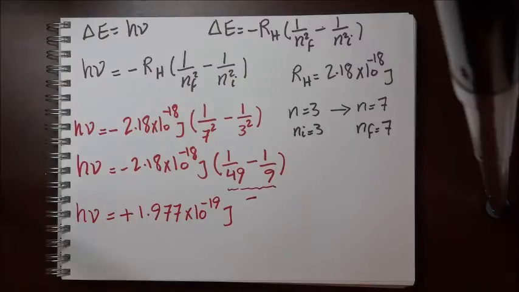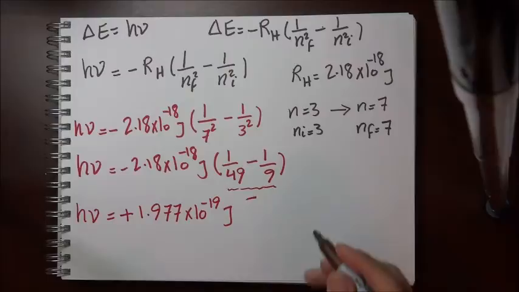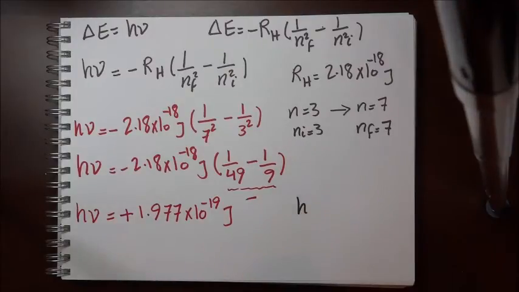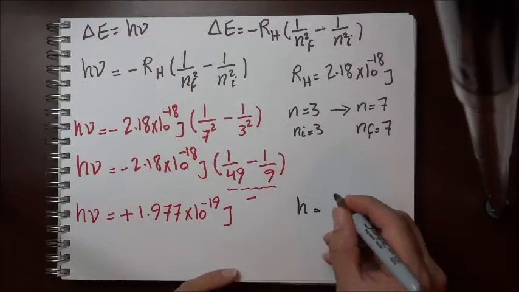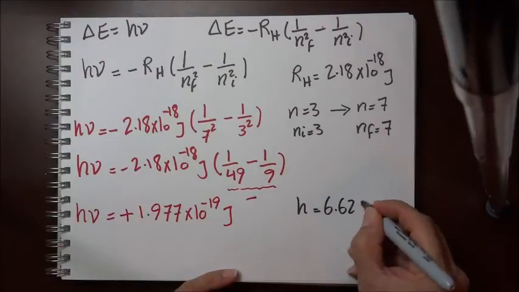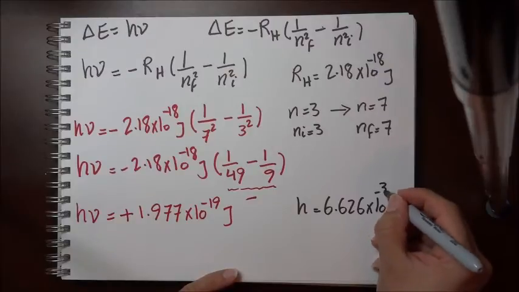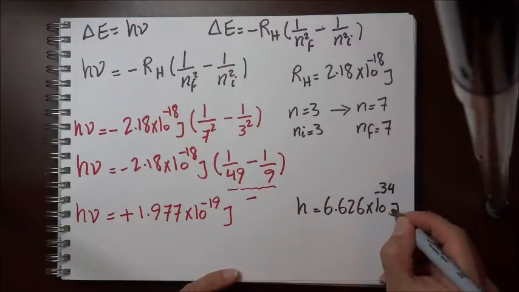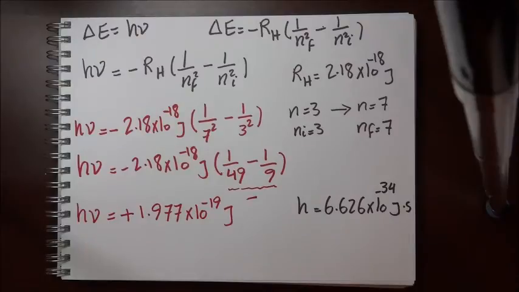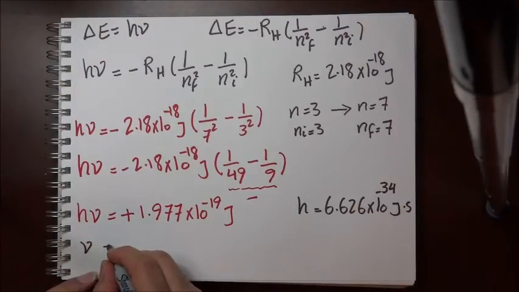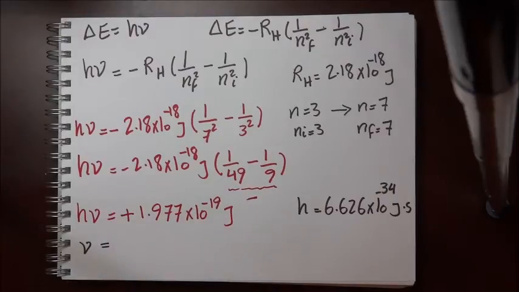Okay, so I got h nu equal to this number. Now I need to find the frequency. H, or Planck constant, is equal to 6.626 multiplied 10 to the power minus 34, unit joule second. So frequency will be equal to whatever we got until now, which is energy, or delta E, divided by h.